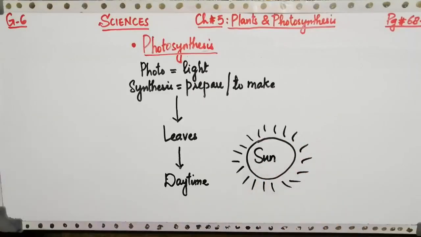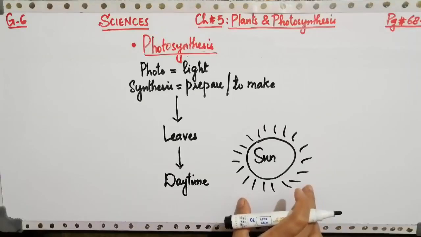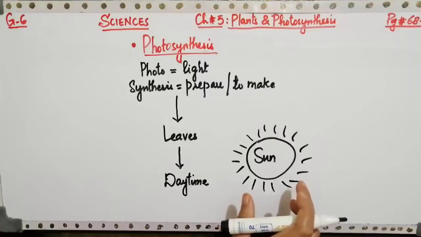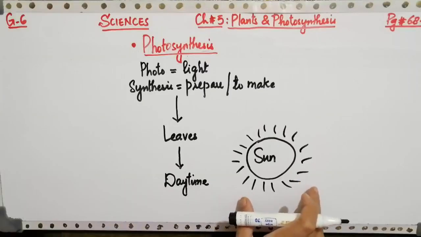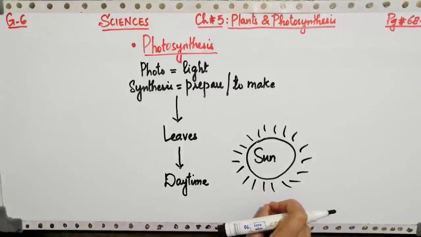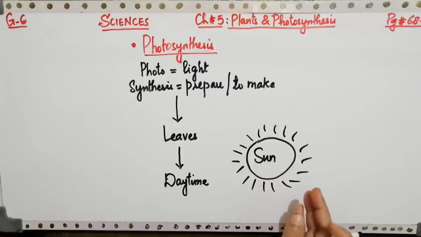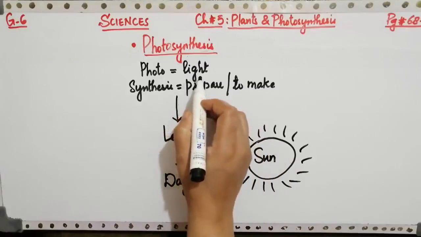So it is the major source, the biggest source of light for every living organism in this world, especially plants. Without sunlight, plants cannot make their food. So we can say that plants make their own food in the presence of sunlight, and you can also say it is a process in which light is required.